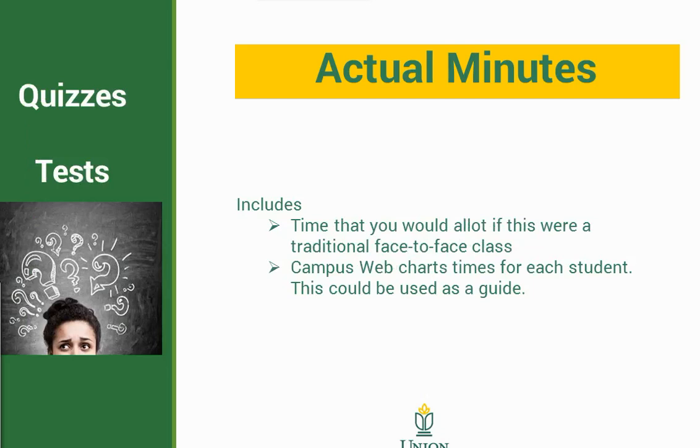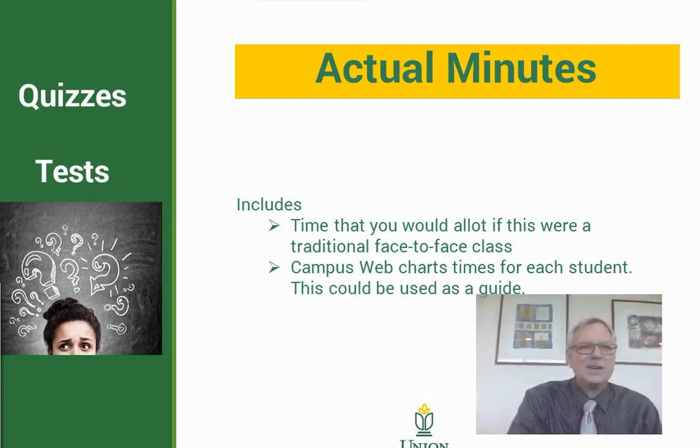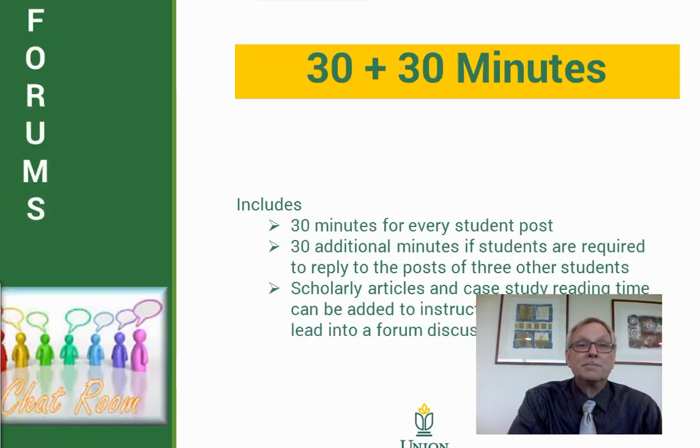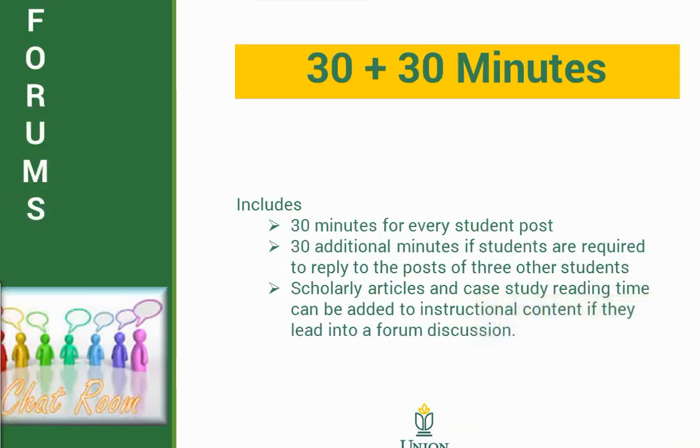If you add quizzes to an online course, you earn time equivalent to the time you would allot in a traditional face-to-face class. You can actually chart this, because Campus Web does chart the times it takes students to complete your quizzes. If you put a 30-minute quiz in per week, for 8 weeks, you could earn 4 hours of instructional content time.